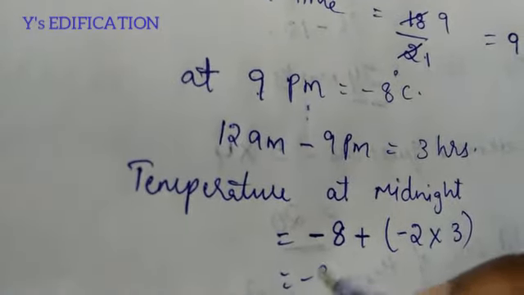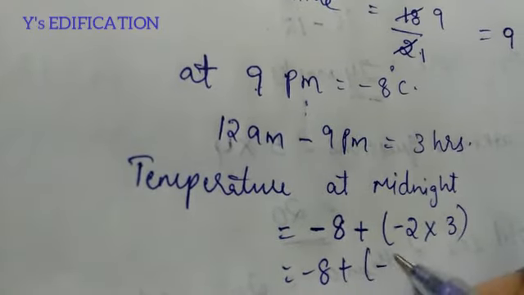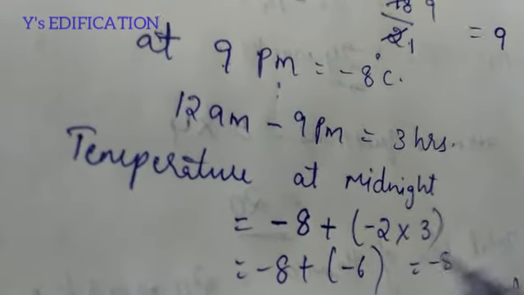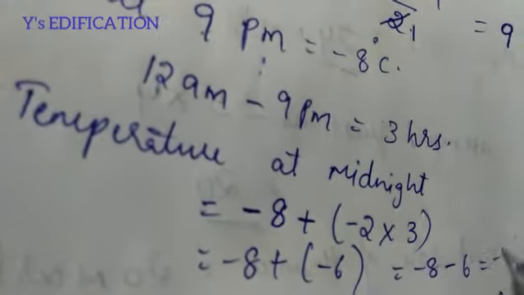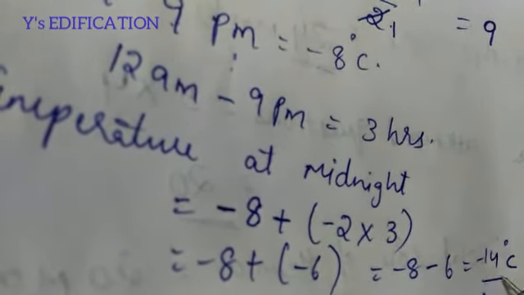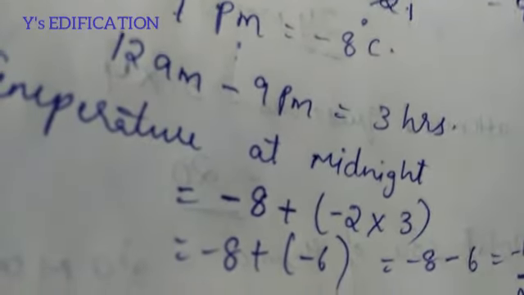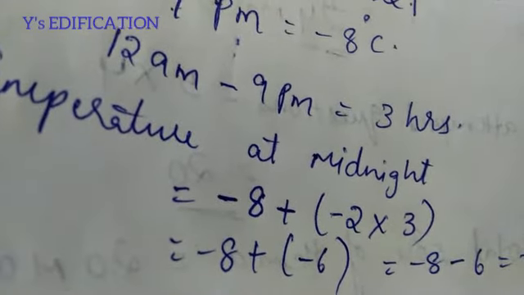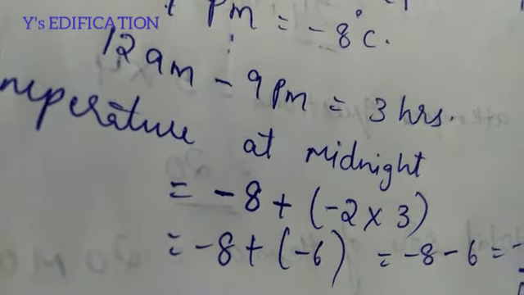So what will we get? Minus 8 plus minus 2 into 3, which is minus 6. So it becomes minus 8 minus 6, which is minus 14 degrees Celsius, the temperature at midnight. In this way we solve this problem. Let's see the next problem.